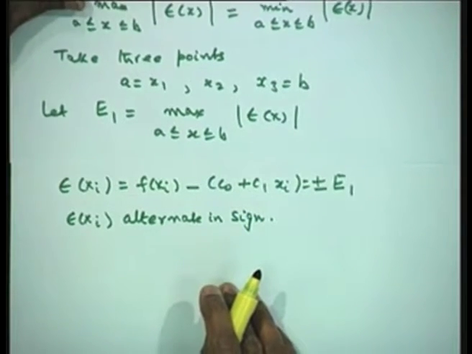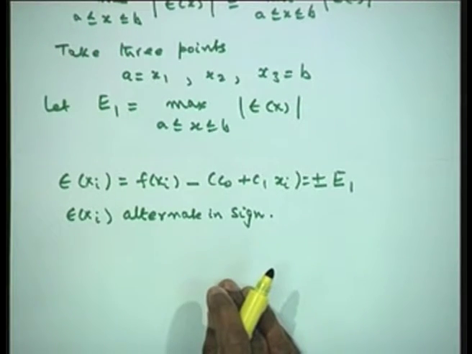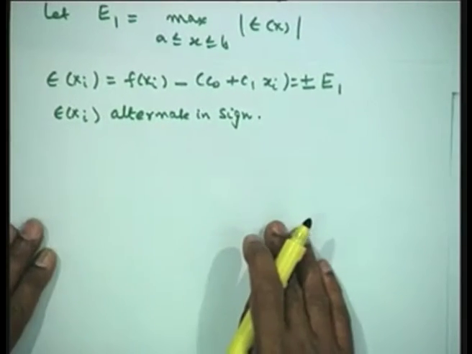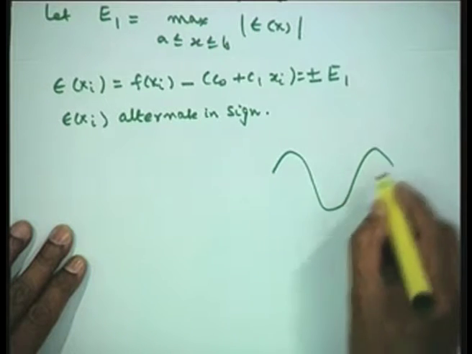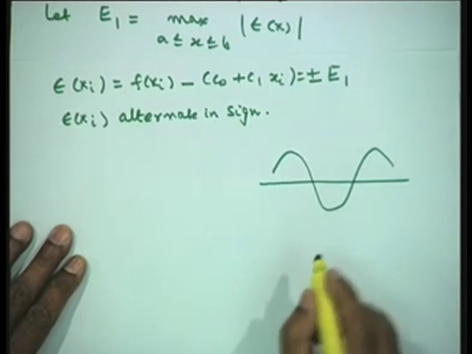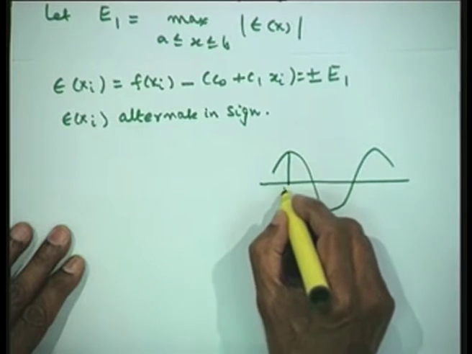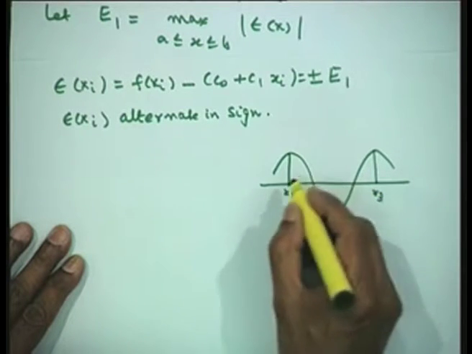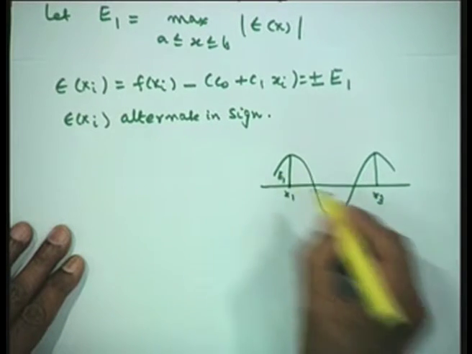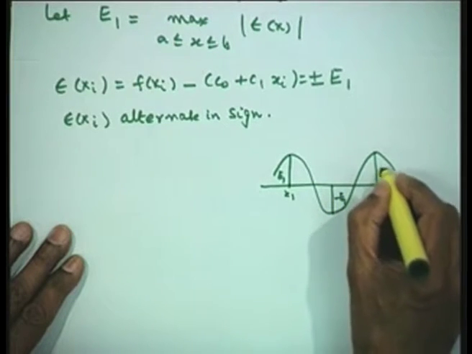It may start with plus E 1, then become minus E 1 and then plus E 1, or it may start with minus E 1, then go to plus E 1 and minus E 1. For example, in the simple case of a graph of the error looking like this, if I take this line as this, then I will take this as x 1, this as x 3, and this is my E 1, and this is minus E 1, and this is equal to E 1.